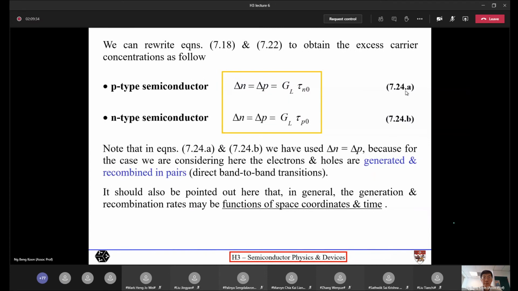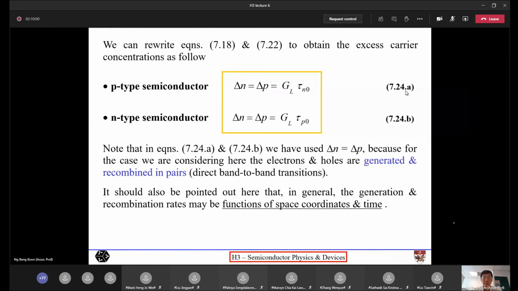So in summary, under this case 2 condition, where you shine light on a semiconductor until it reaches steady state, the excess carrier concentration in the semiconductor, whether P or N type, is given by the product of the optical generation rate and the excess minority carrier lifetime.